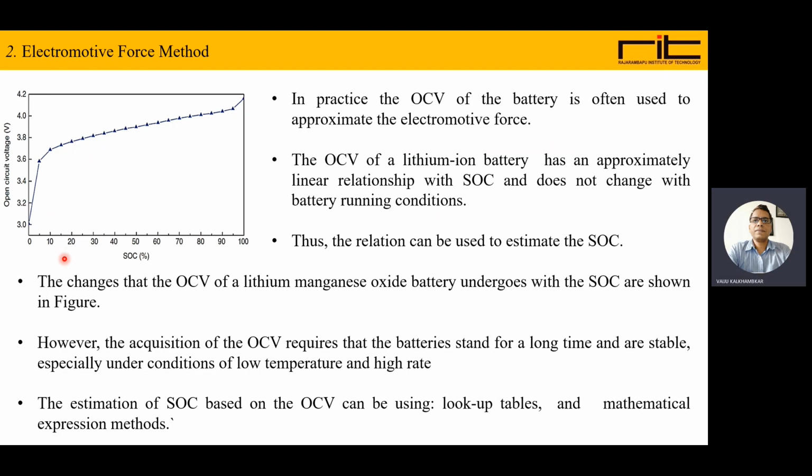The open circuit voltage of a lithium-ion battery has an approximately linear relationship with state of charge and does not change with the battery running conditions. Thus, the relation can be used to estimate the state of charge. The changes that the open circuit voltage of a lithium manganese oxide battery undergoes with the state of charge are shown in the above figure.